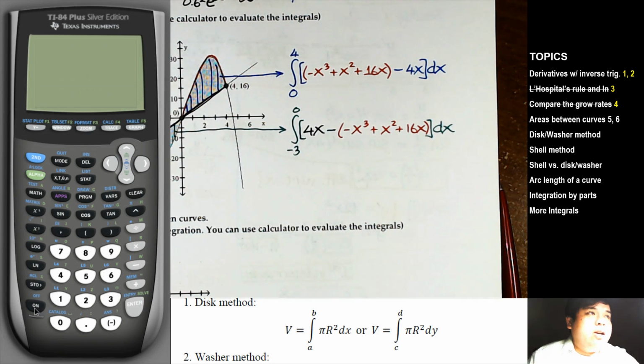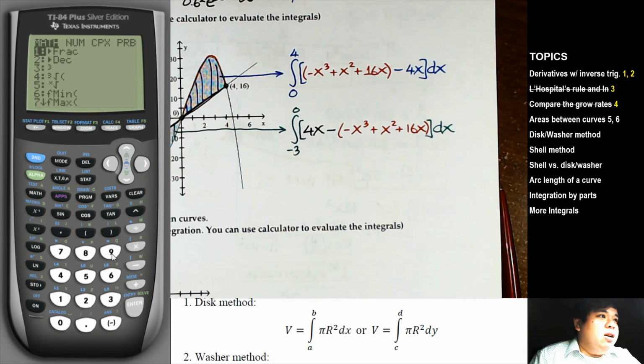Alright. So what we have is MATH number 9, and the integration goes from 0 to 4, and then the first one we have negative x cubed, just like that, x cubed plus x squared. Make sure we have enough parentheses.